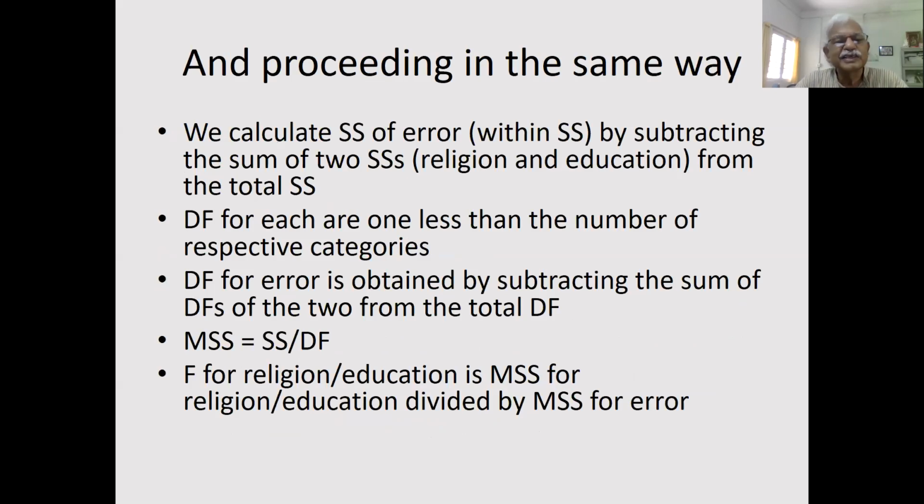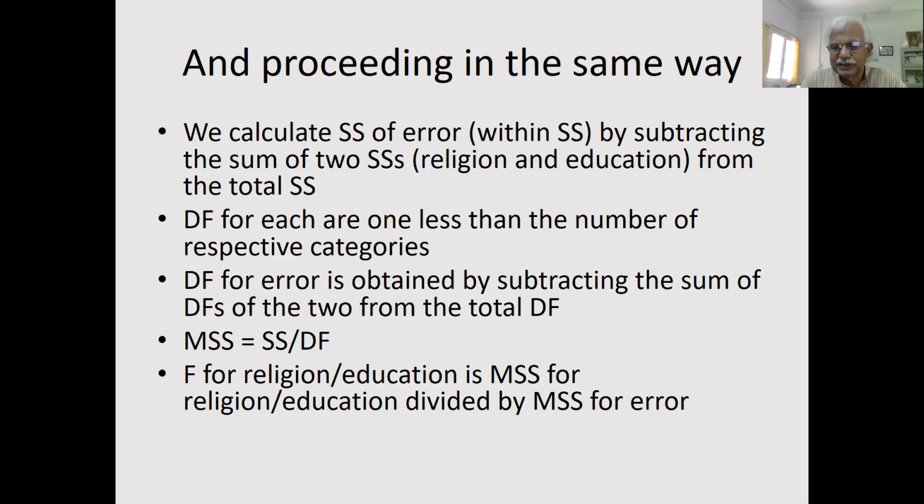And we proceed in the same way. We calculate the sum of squares of errors and the sums of squares of the two independent variables, religion and education, and degrees of freedom for each are computed separately. Degrees of freedom for the error is obtained by subtracting the sum of degrees of freedom of the two independent variables from the total degrees of freedom.